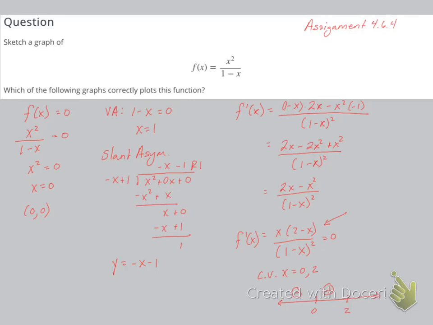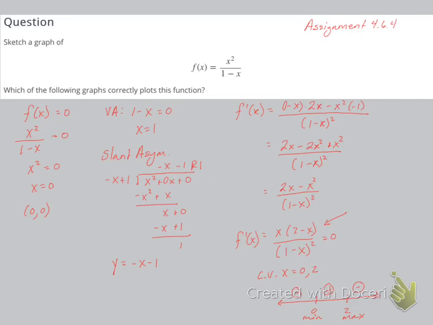And again, the denominator is always positive. So if we are decreasing and then increasing, I have a relative min at x equal to 0. And if I'm increasing and then decreasing, I have a relative max at x equal to 2.